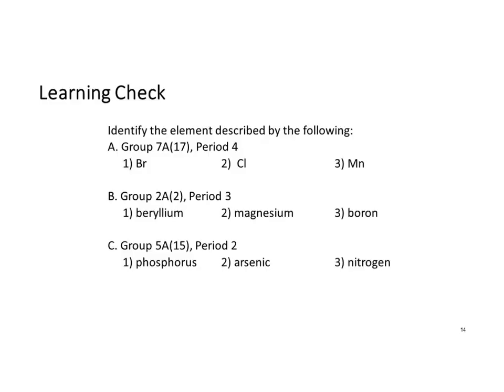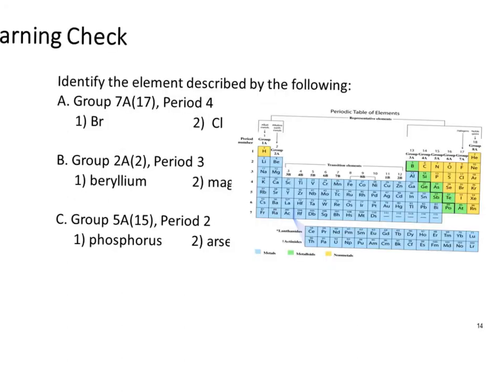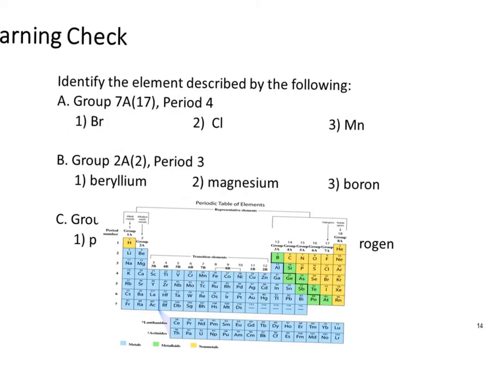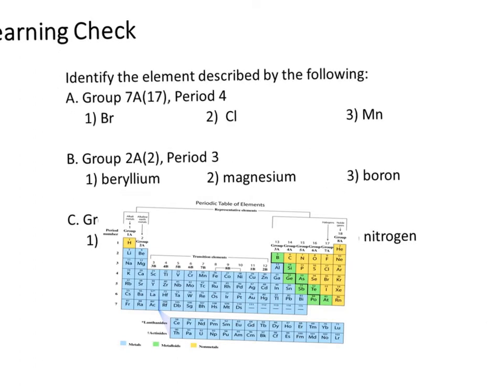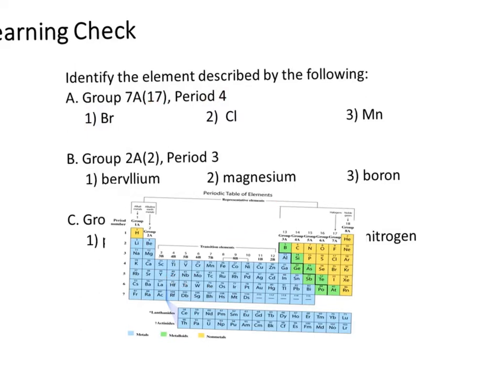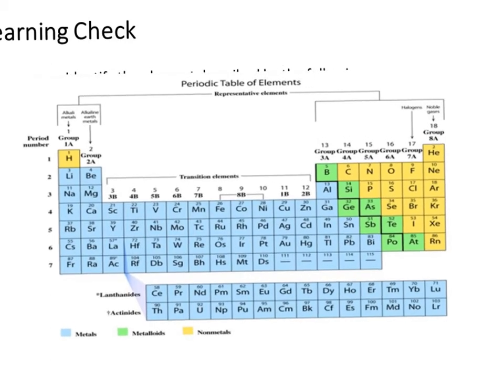All right, so let's test ourselves before we wreck ourselves. The first question says, identify the element described by the following. Group 7A, period 4. So we're going to go to our periodic table, and I like to do my periods first.